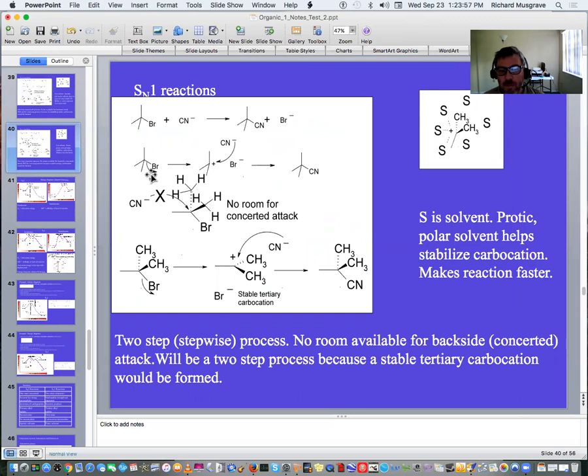The first step involves the formation of something negative and something positive, which is always a high energy type situation. Taking a bond and splitting it into positive and negative is very high energy. Let me clarify that a little bit here.